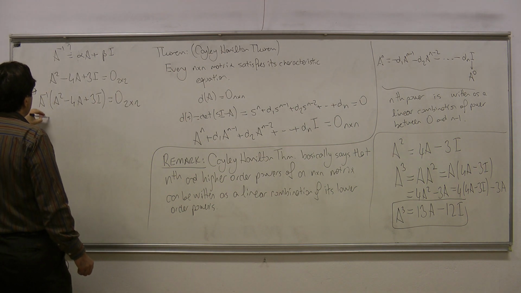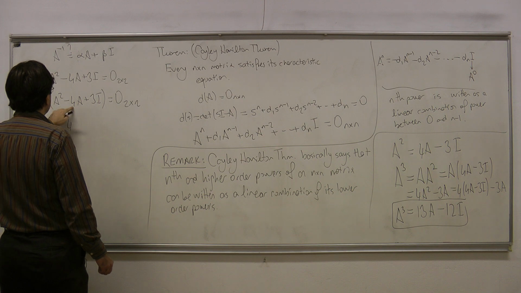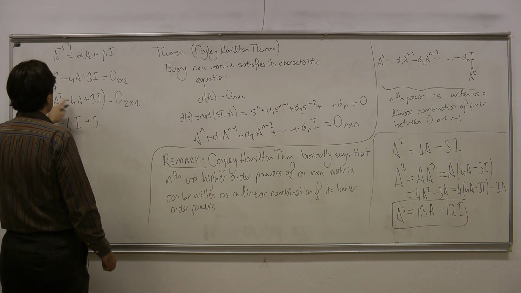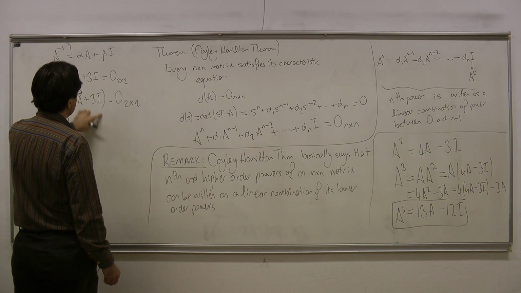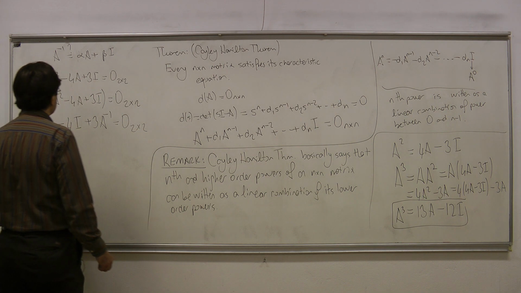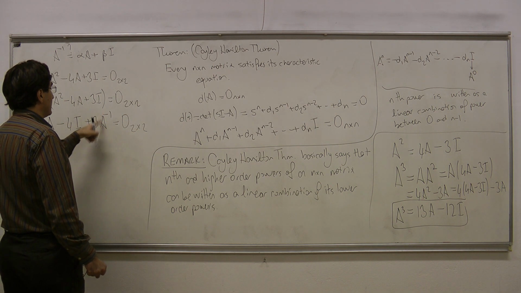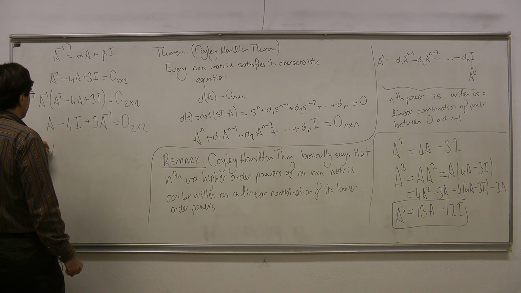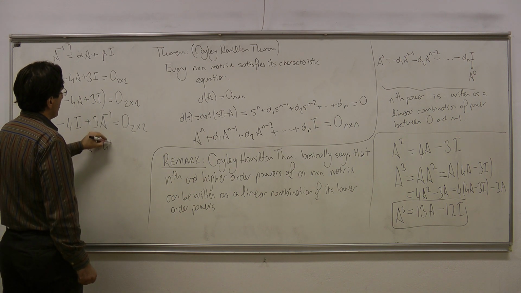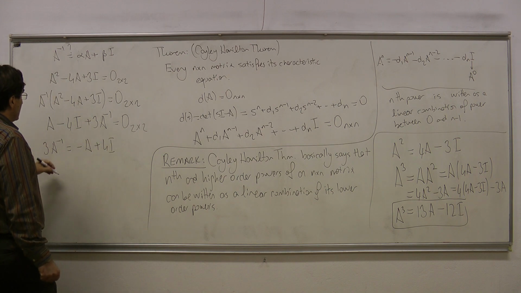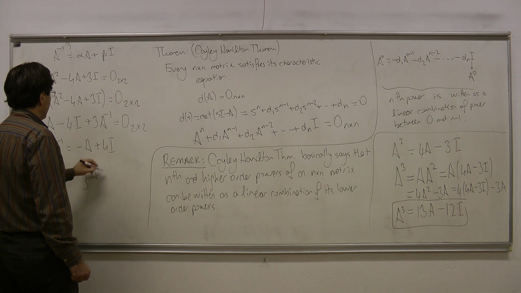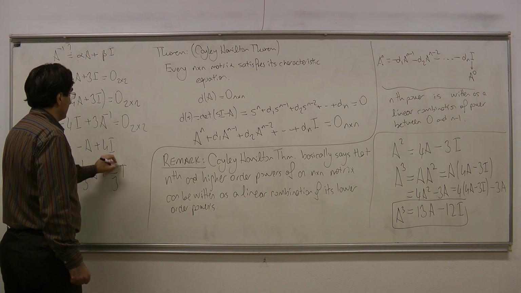And A squared times A inverse is A, minus 4 times A inverse times A is identity, plus 3 times A inverse identity is A inverse. And that is equal to 0, 2 by 2. All right? And now I can extract A inverse from this equation. 3A inverse is equal to minus A plus 4 identity. And I divide both sides by 3, which gives me minus 1 over 3 A plus 4 over 3 identity.